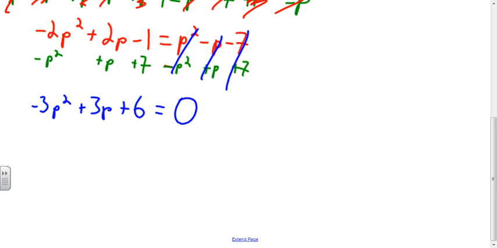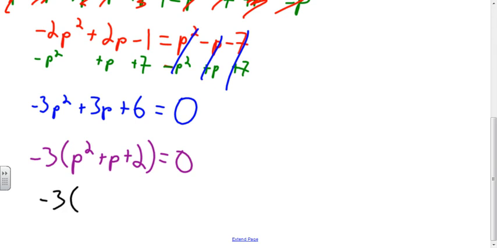At this point, we can take -3 out of the equation. That's our greatest common factor. We're left with p squared minus p minus 2 equals 0. Now, at this point, we need to factor a little bit further. We'd say -3 times p plus 1 times p minus 2 equals 0.